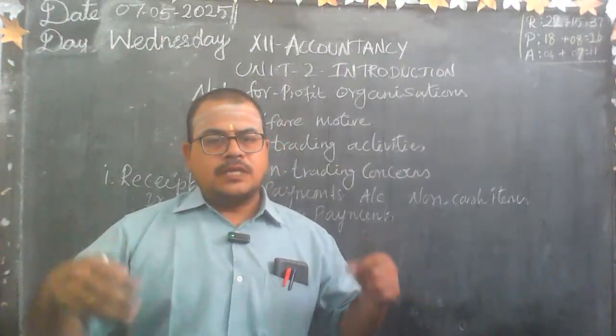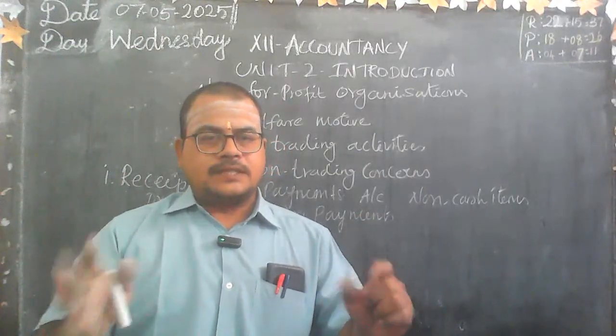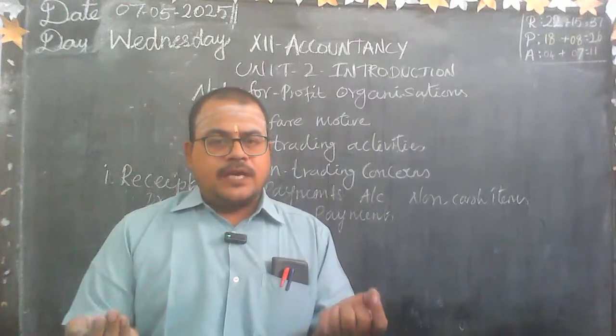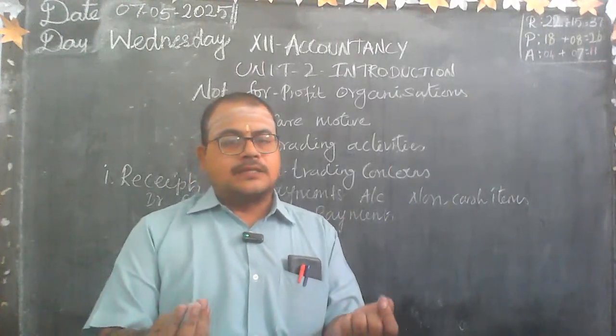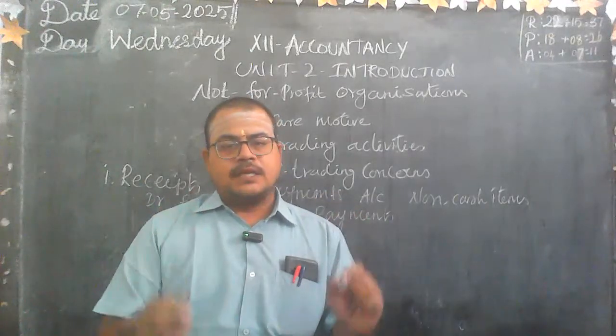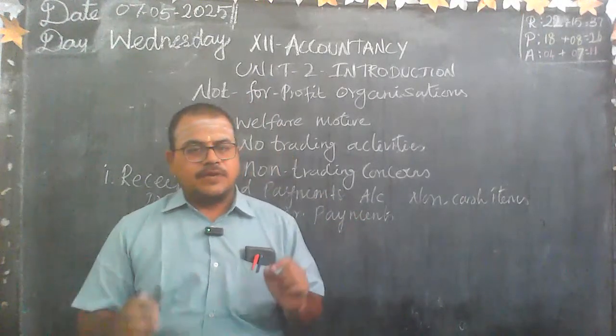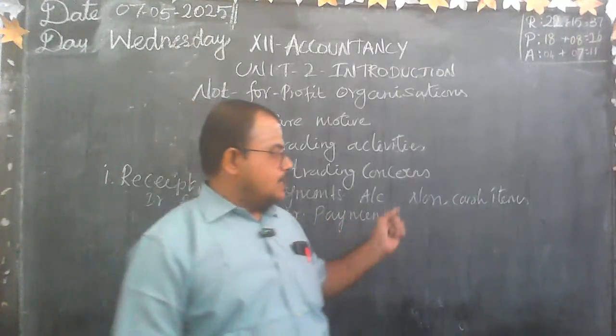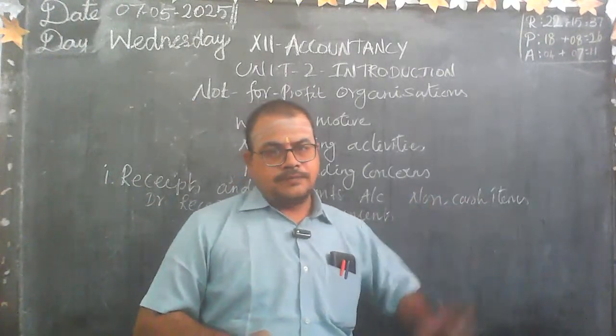It records only the reduction in the value of a fixed asset. There is no cash expenditure. We did not spend any money against the depreciation. We are deducting the value of the fixed asset at a certain percentage every year. So the first non-cash item is depreciation.